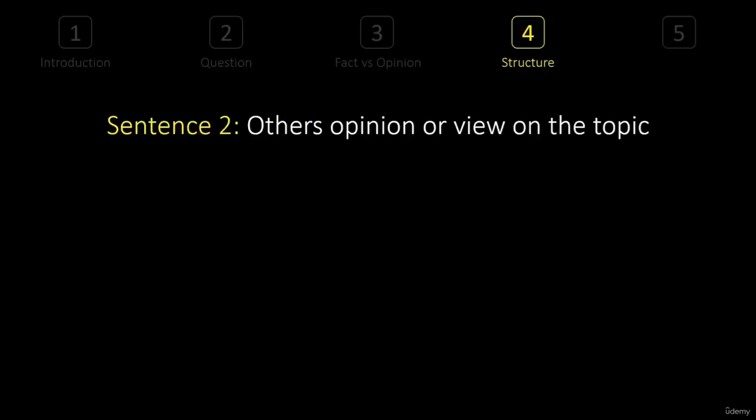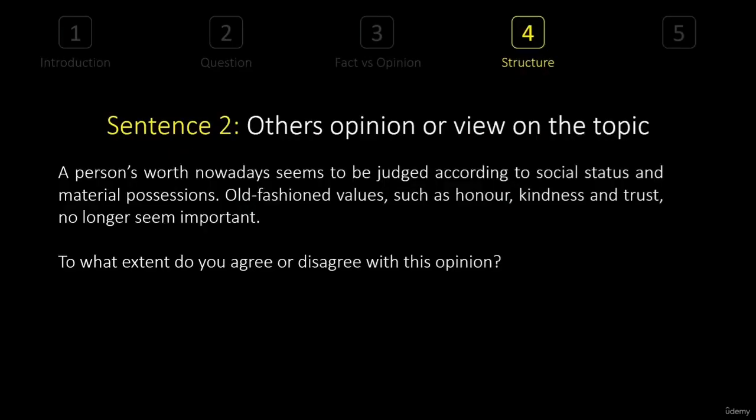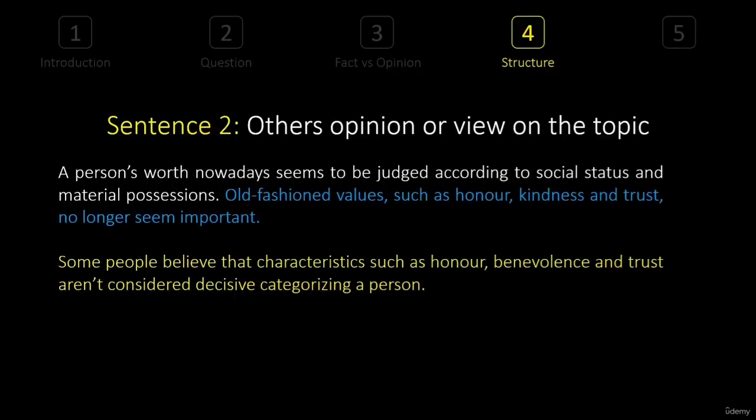The next one is sentence 2. Remember, there are 4, so we have sentence 2: others' opinion or view on the statement. In our question, if you look at it, this was an opinion. So you have to understand this part. We're going to talk only about this: some people believe that characteristics such as honor, benevolence, and trust aren't considered decisive in categorizing a person.